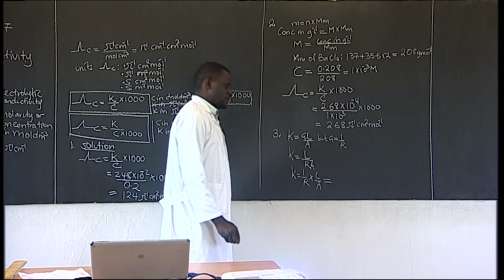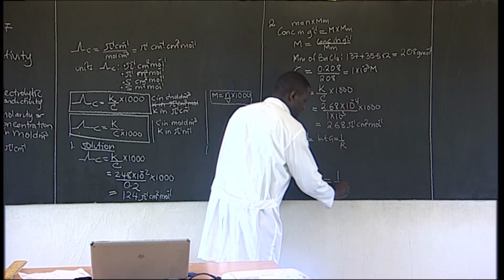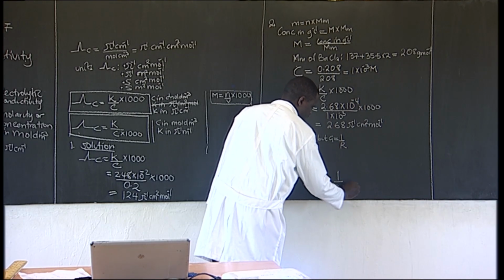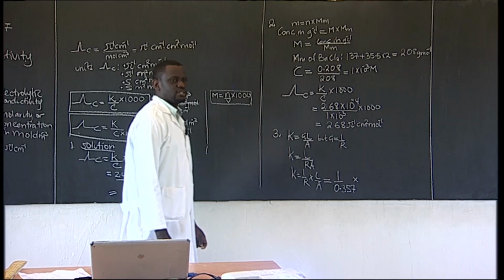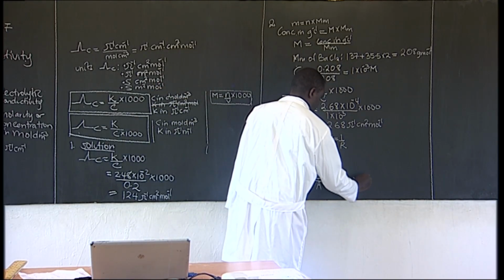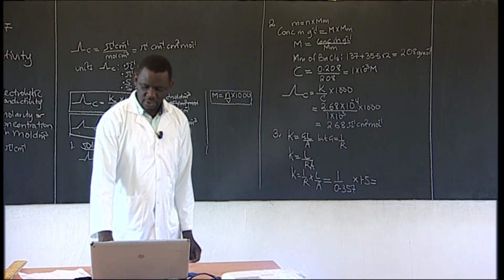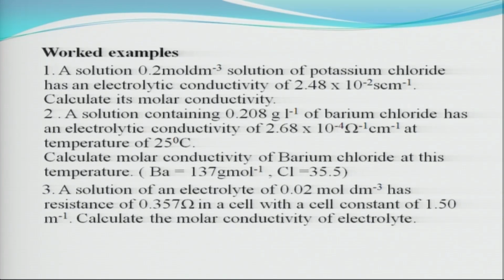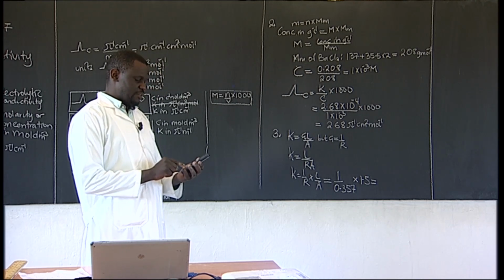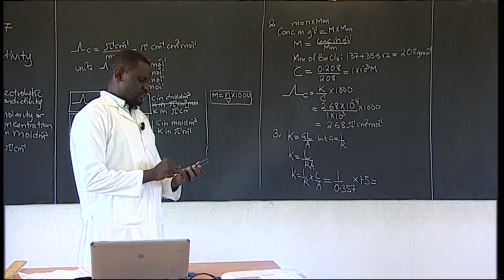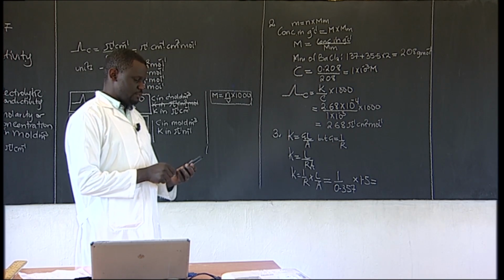Hope you are following. So here we have 1 over 0.357 times our cell constant, which is 1.5. We are moving slowly so that you can follow and note down our answers. 0.357 times 1.5.